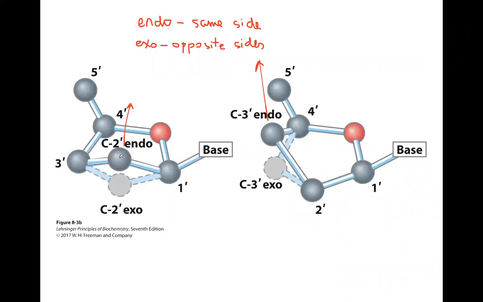As this C2 prime carbon goes up, then the base, instead of looking straight up, is starting to look away from the ring. So as this ring goes up, right, then the base moves away from the ring and avoids steric hindrance. Base means nitrogenous base.